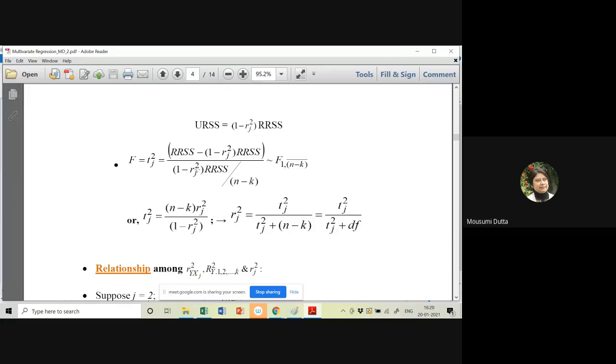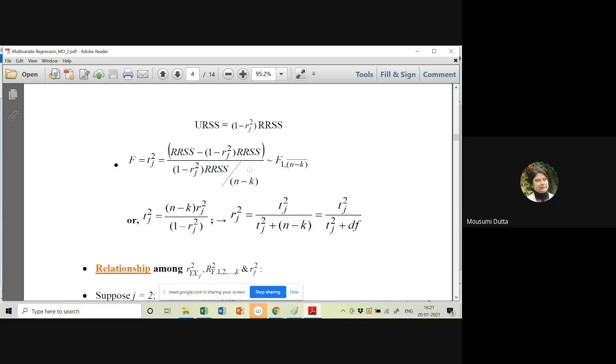On the basis of the ideas we developed in the context of partial correlation, we can define an F statistic, which is equivalent to t square, as (RRSS minus (1 minus Rj square) into RRSS) divided by the number of restrictions. Here the number of restrictions is equal to 1, so I'm not dividing by it.